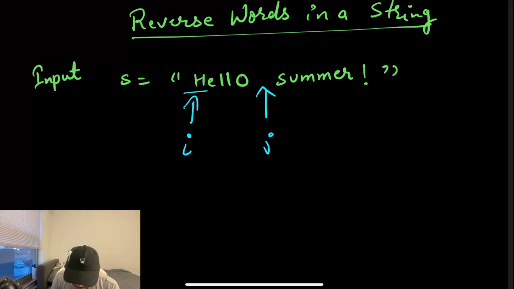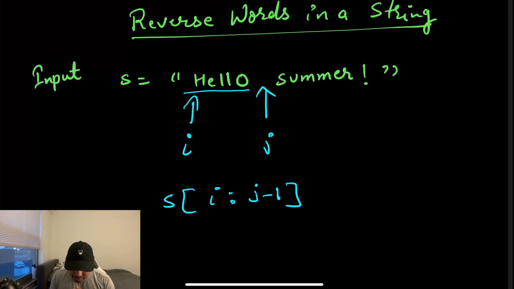So my J will now be pointing to a white space, and then I take the string from I to J minus 1. I could take J itself, but J minus 1 makes it easy for us to just swap the values of S rather than taking some portion of the string and reversing it.